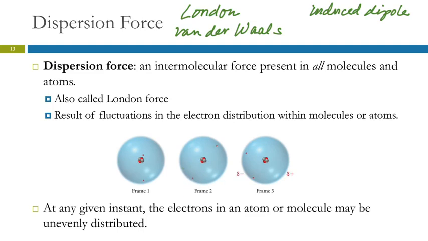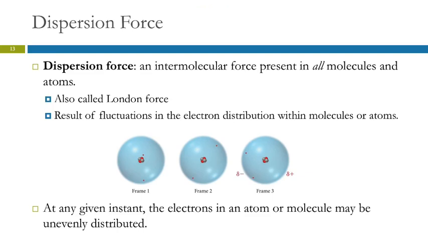And at another time, you take a snapshot, and they're over here. And another time, they might be both over on this side. So they're not always completely evenly spaced out at any given instant.